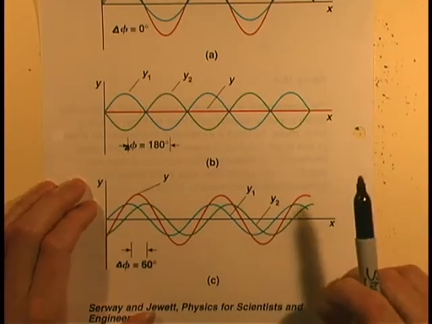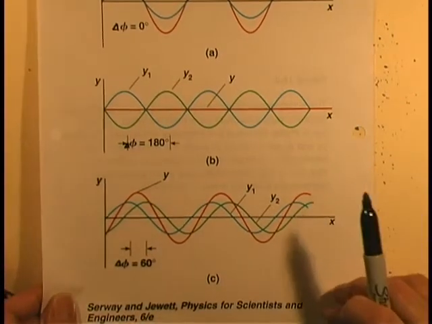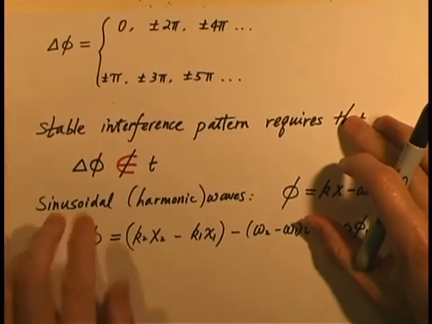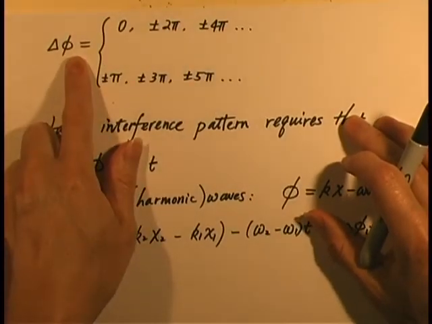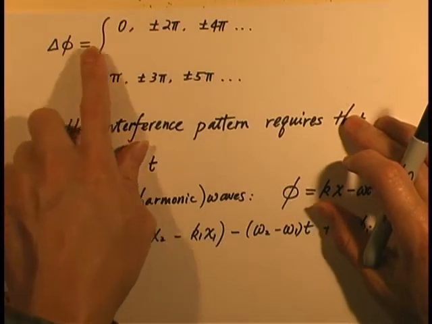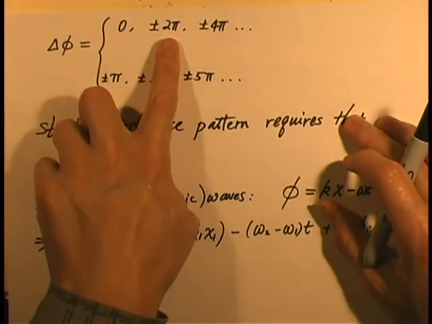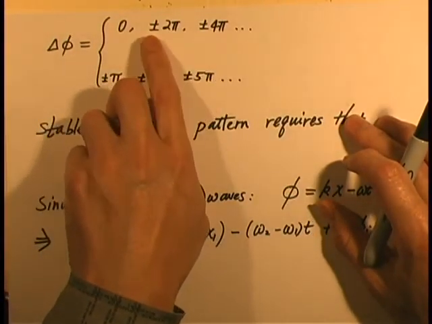But when we look at the superposition of these waves, we are more interested in the extreme case when two waves are exactly enhancing each other or destroying each other. And here are the conditions that we mentioned. Delta phi, the phase difference between these two waves, if it's 0, plus or minus 2 pi, plus or minus 4 pi, it doesn't matter whether it's a plus or minus.